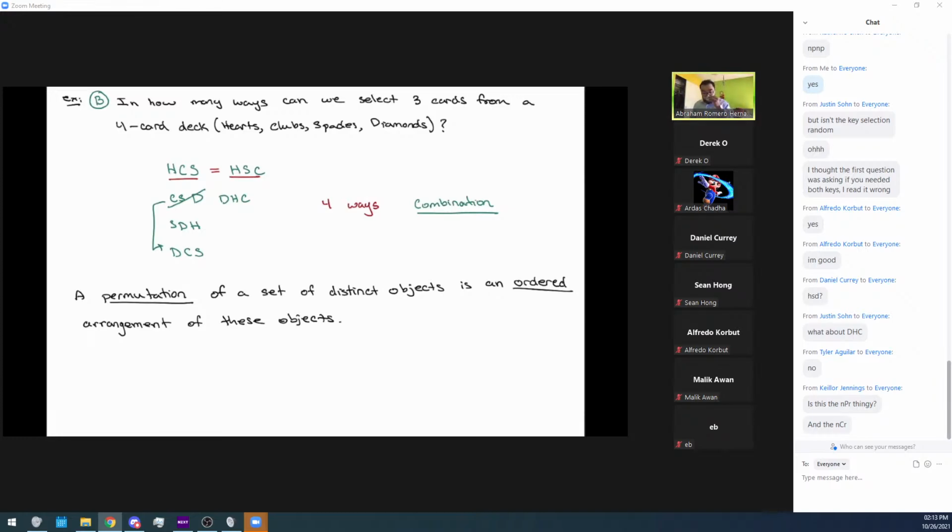Obviously, hearts, diamond, club was completely different than hearts, clubs, diamonds, because we are caring about the order. So the order matters here.